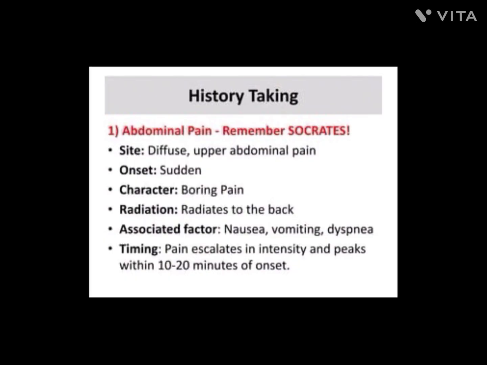And the first question we have to ask in pancreatitis is whether the pain radiates to the back or not, because I already mentioned before that the pancreas is a retroperitoneal organ, and that is its location. So in history taking, the main important thing is what we call SOCRATES.